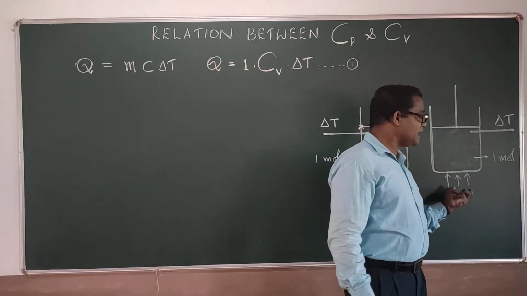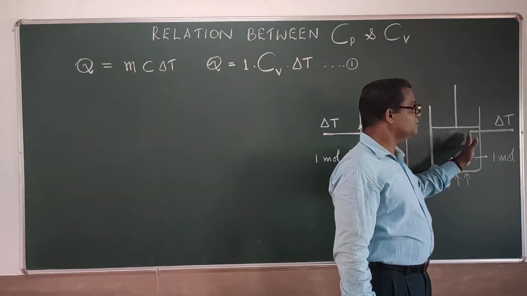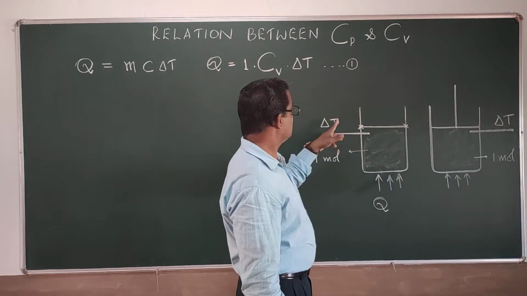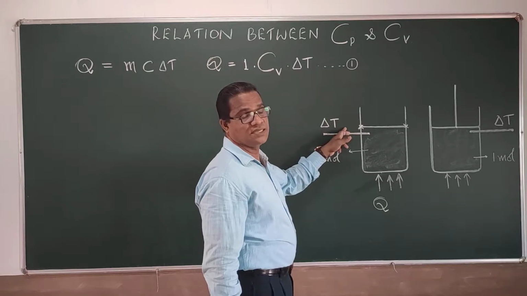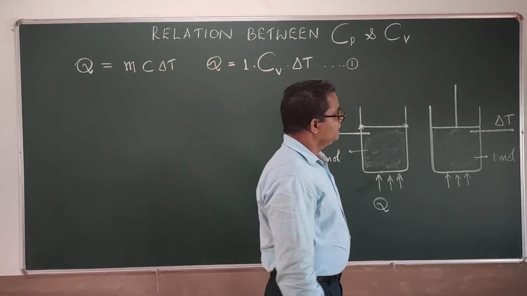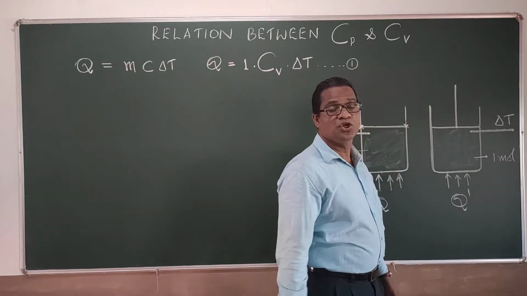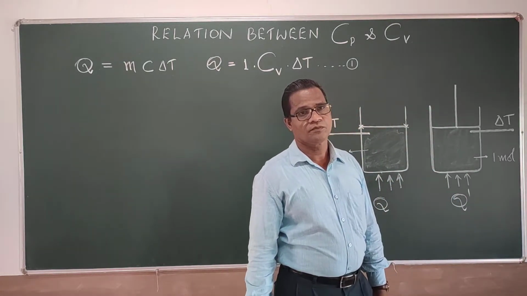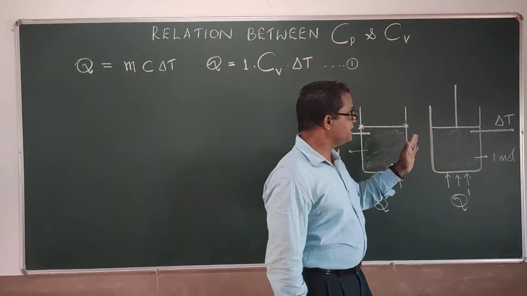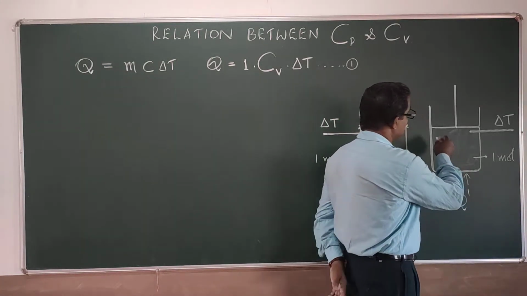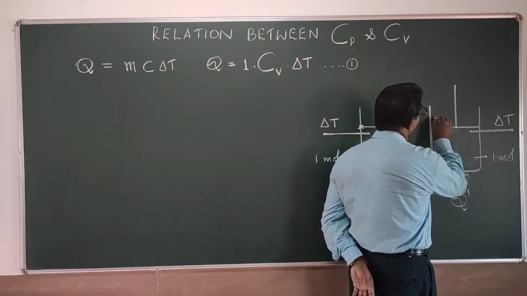I am heating the gas till the temperature rises through delta T Kelvin, same as in this case. For that, I have given an amount of heat energy, let it be Q prime. But what you can observe in this case is that as you go on heating it, the piston gradually moves up.